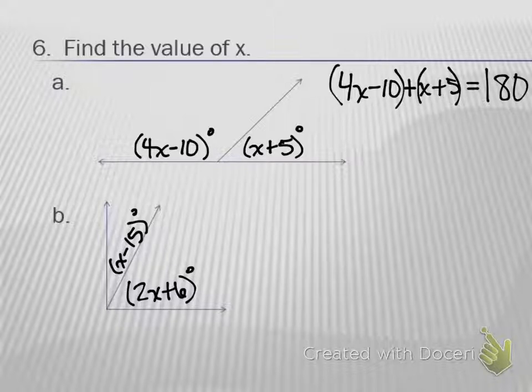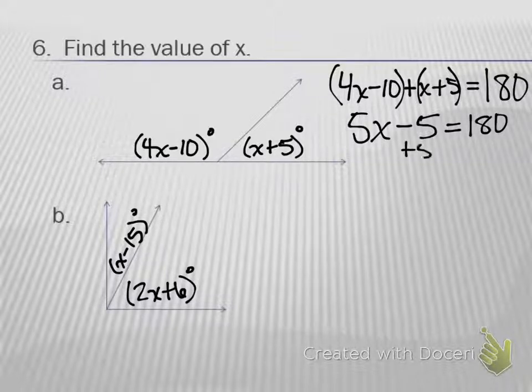So now we start doing our algebra. 4x plus x, 5x. Negative 10 plus 5 is a negative 5. So we simplified that side. Now we have to solve it. What do I do? Add 5 to both sides. 5x equals 185. Then what?